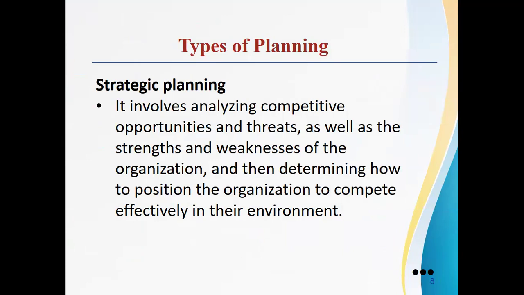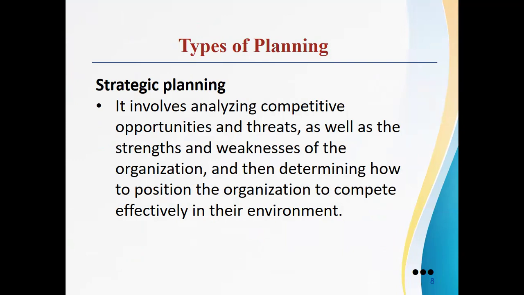So now let us see what are the types of planning from the management point of view. First one is strategic planning. It involves analyzing the competitive opportunities and threats, as well as the strength and weakness of the organization. And then we can determine how to position the organization to compete effectively in their environment.